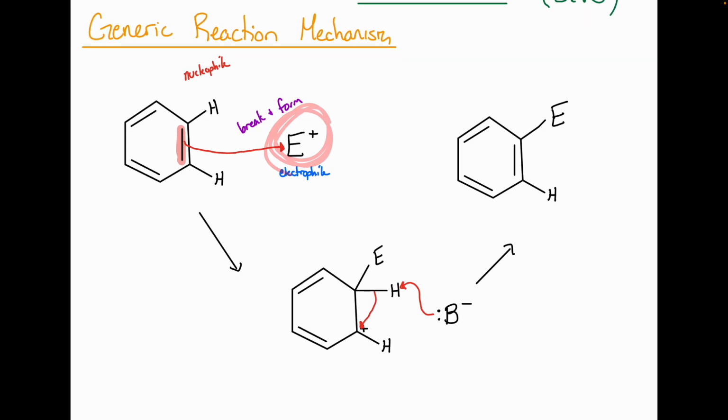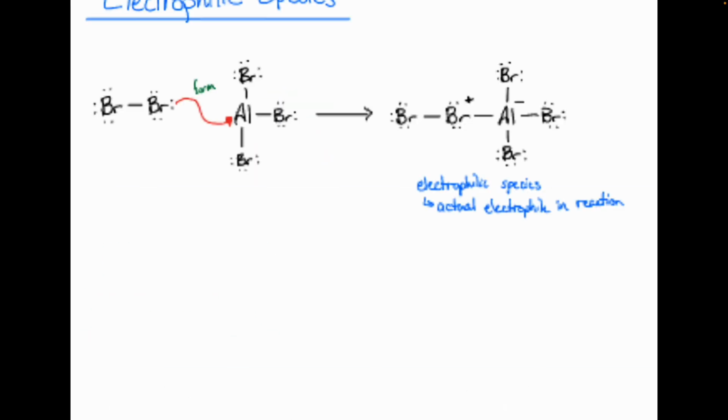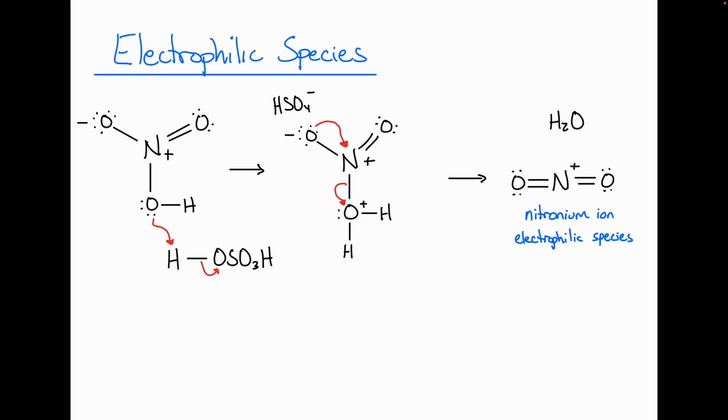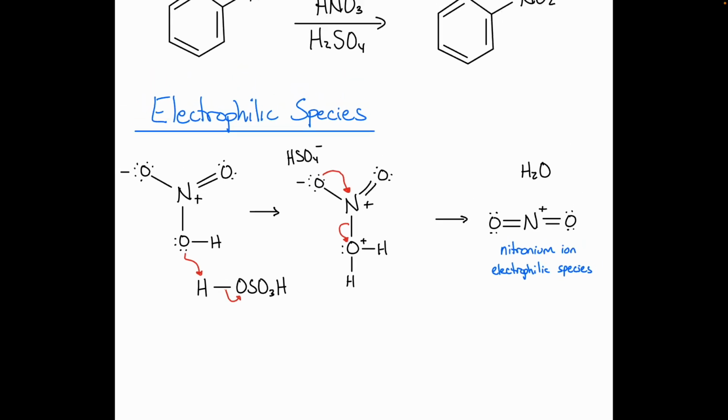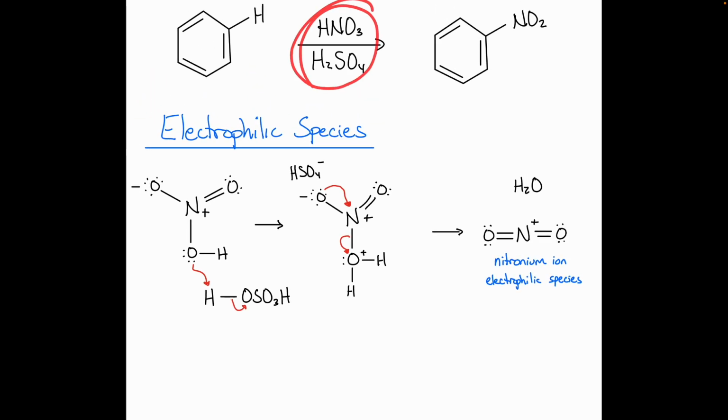You're just going to replace our electrophile here with that nitronium ion. All right, but this will then be my electrophilic species for this reaction. So again, we need a really good electrophile in order for the benzene to play the role of a nucleophile. So we're going to take our reagent and catalyst and react them together to get our nitronium ion.